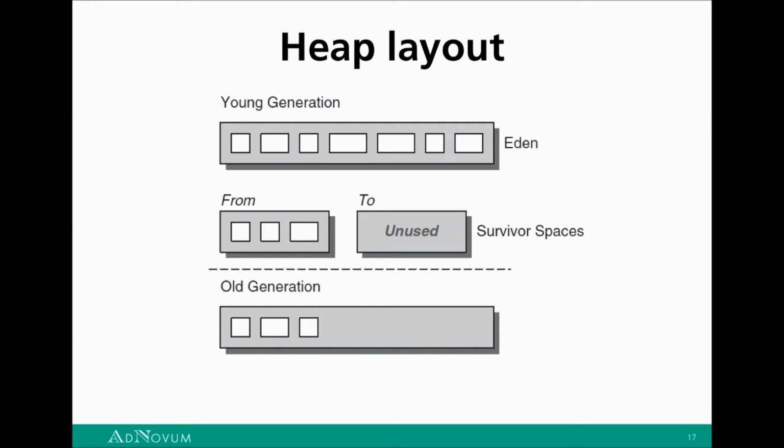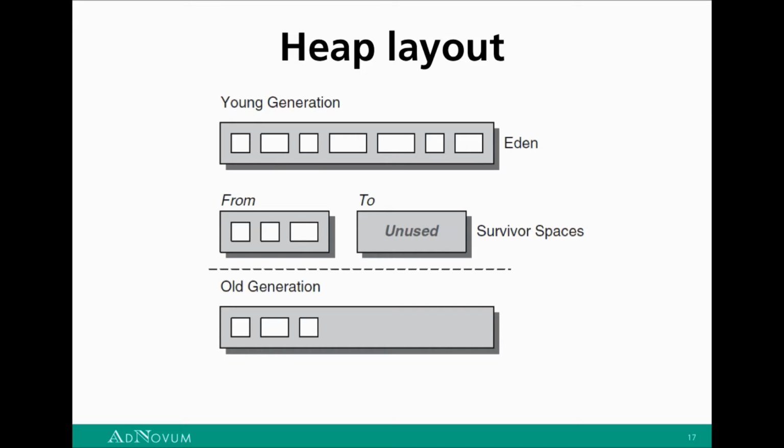And in case of the JVM, the young generation is further subdivided into 3 spaces. Eden, which is where new objects are allocated, and 2 survivor spaces, which is where objects that have already survived the garbage collection are kept. At least one of the survivor spaces is going to be always empty. You will soon see the reason why.